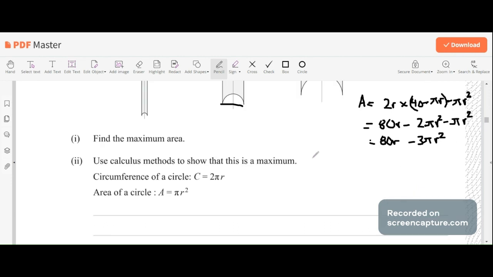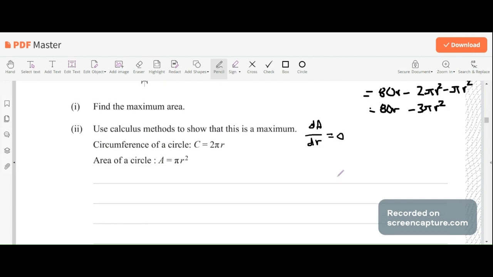Now, in order to find the maximum area, we need to find where dA/dr equals 0. So first thing here, we know that equals 80.